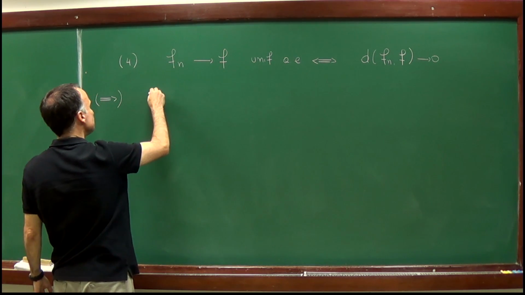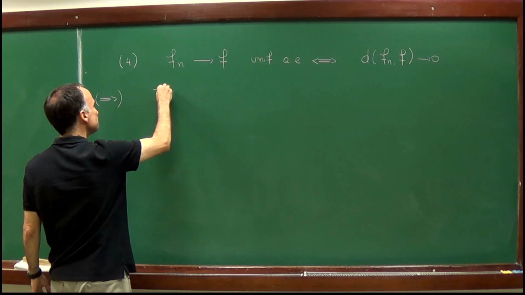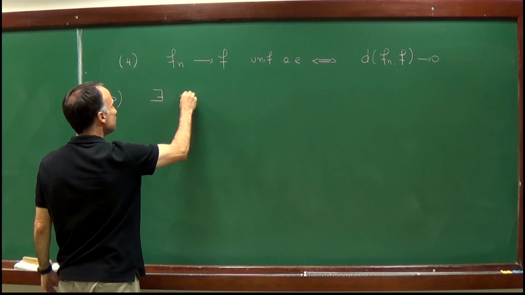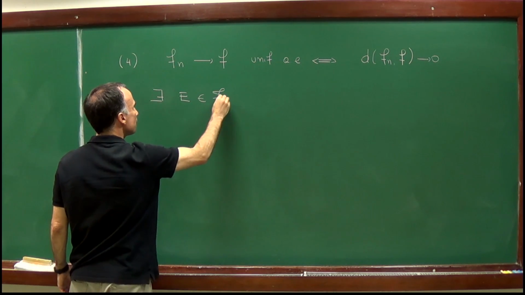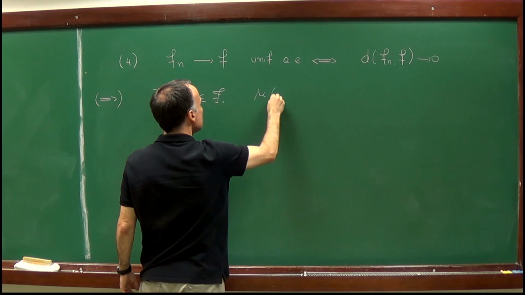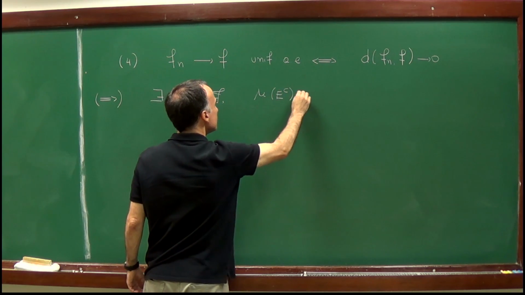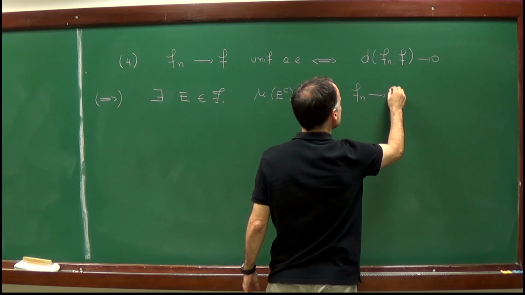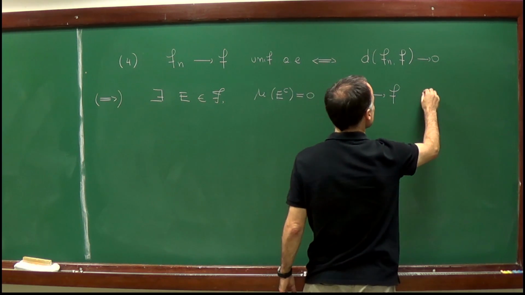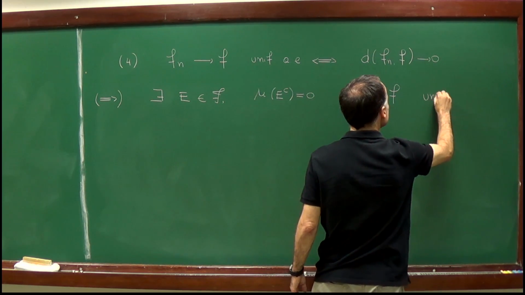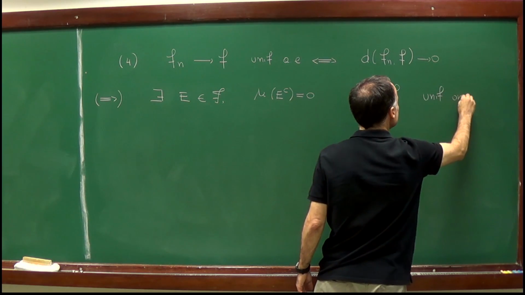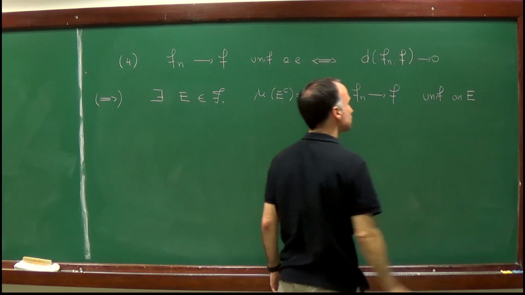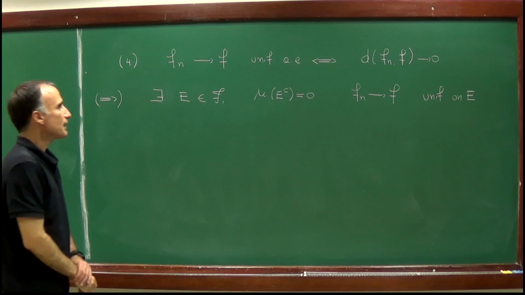This means that there exists a set E in the sigma algebra such that mu of E complement is equal to 0 and f_n converges to f uniformly on E. Well, that's fine.